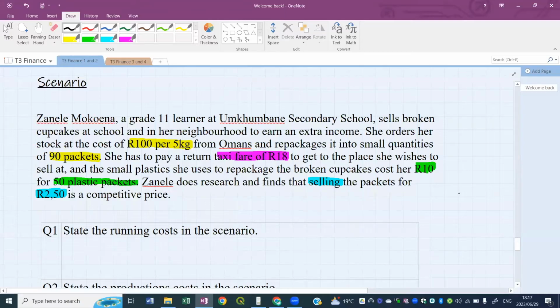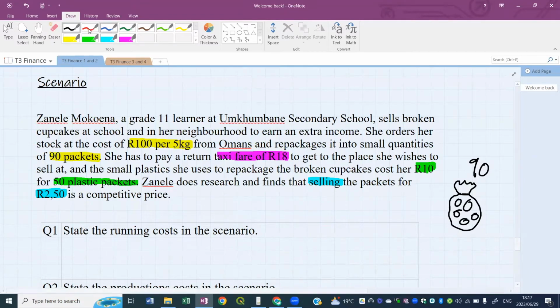I'm going to draw a little packet of cupcakes. So there's a little packet, and inside there are little cupcakes. How much is in there doesn't matter, but there are 90 of these packets that she wants to sell.